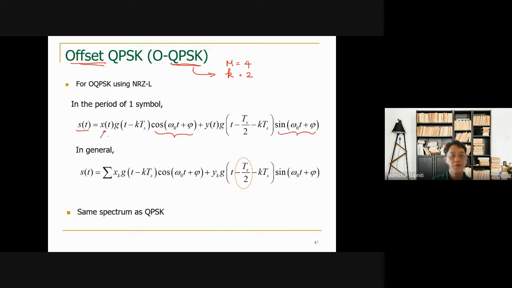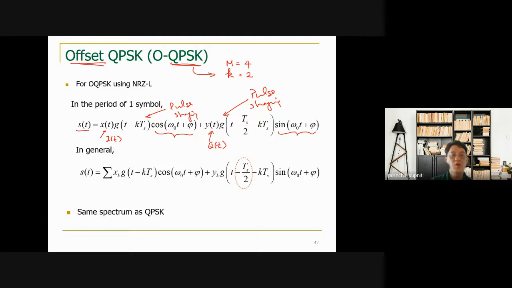This one you can call the I channel, and this one you can call the Q channel. G is the pulse shaping. One of the pulse shapings you may remember is root raised cosine, which helps shape the spectrum so that you don't have the second lobe, third lobe, and so on.